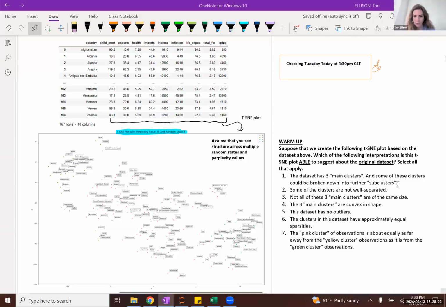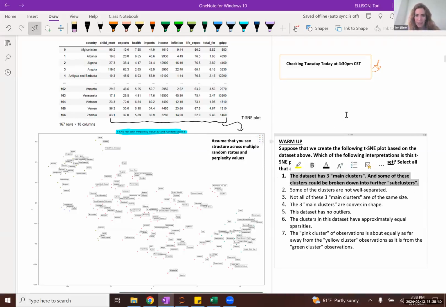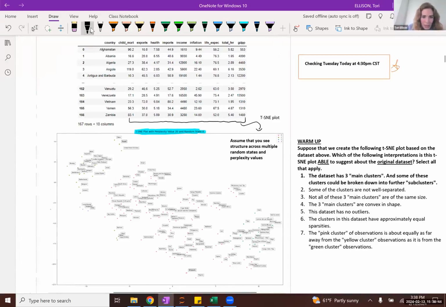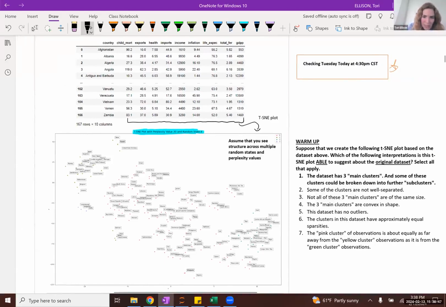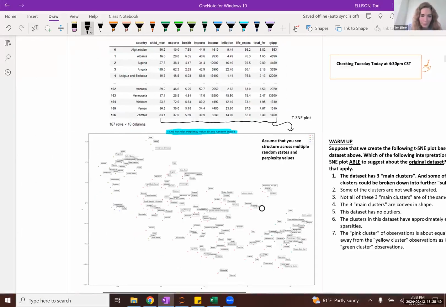So the first interpretation that we might make based on this t-SNE plot, which we can assume looks very similar to other t-SNE plots that we've seen, is that there are 3 main clusters, and that some of these clusters could be further broken down into subclusters. That is something that we can in fact see based on this plot. For instance, we see some separation here, so this might be a cluster.